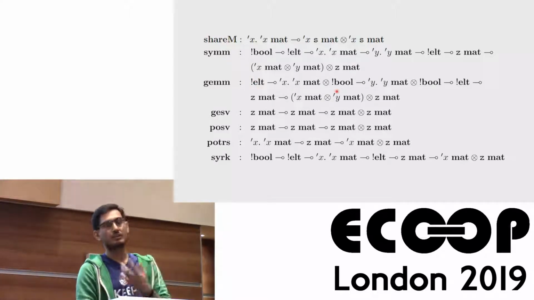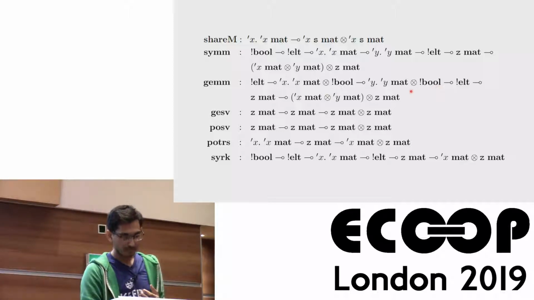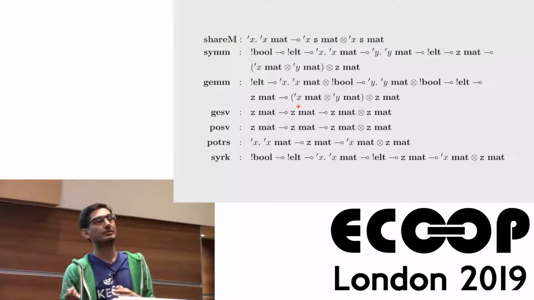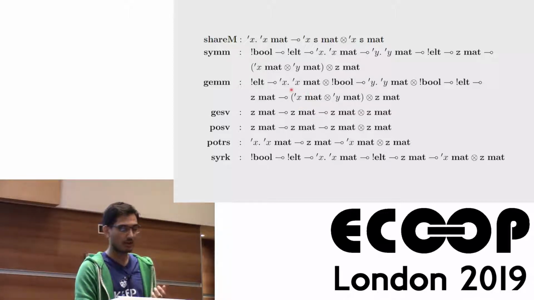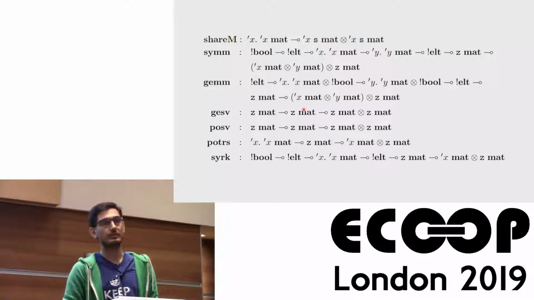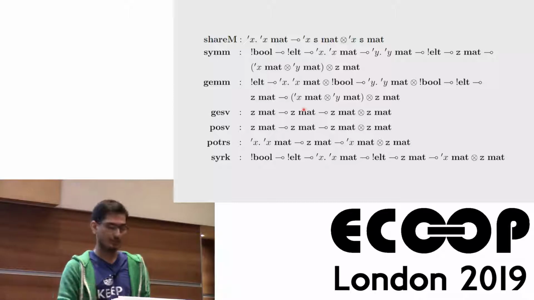The Boolean is for transposition of each matrix. And because of the linear style, you must return every single parameter that you consume, especially the ones that you don't have ownership over. We'll come back to this slight inconvenience later.